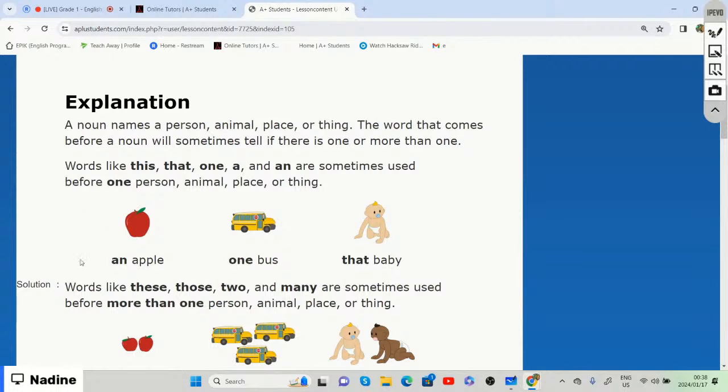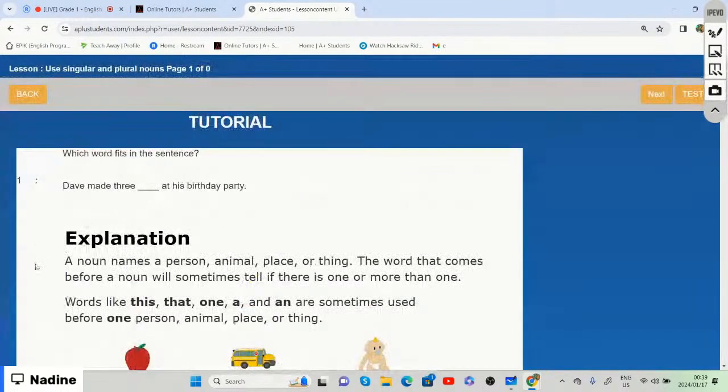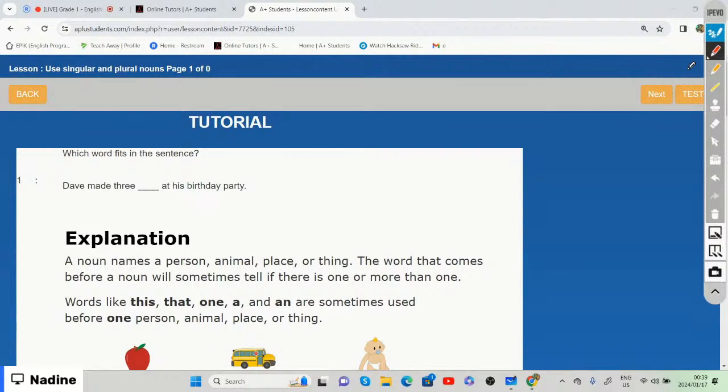When you blow out the candles, they always tell you to make a wish. But now in this case, Dave made three. So we don't have to say if it's 1, 2, 3, 4, 5, as long as we just say the wishes. So Dave made three wishes at his birthday party.